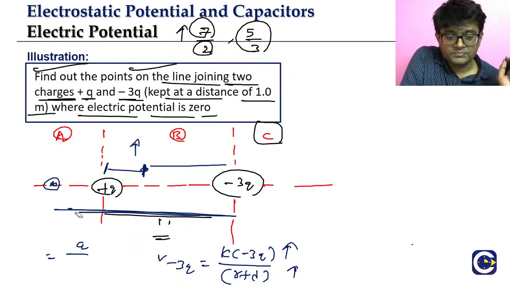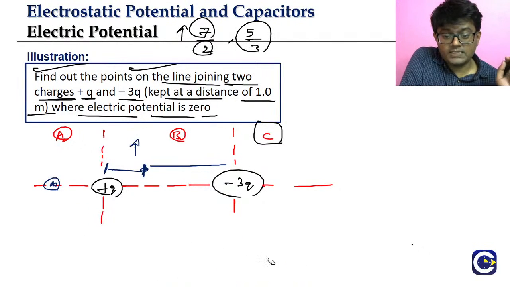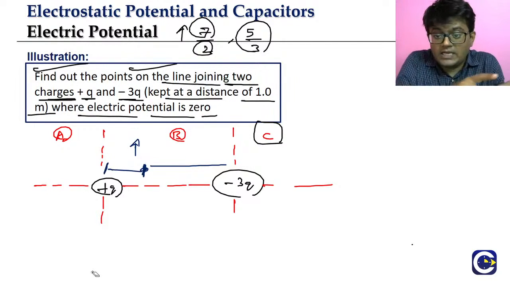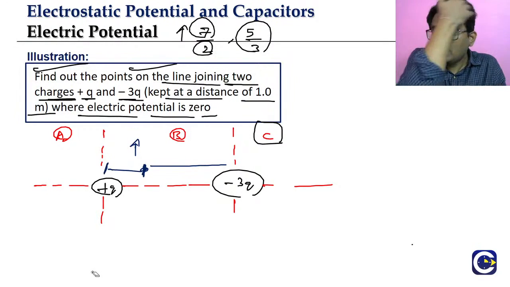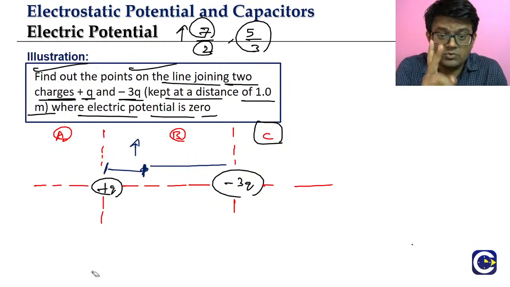Maybe we can expect some numerical question on this, or they can even ask a theoretical question. If you have two charges of opposite type, then on the line joining the charges, how many points can there be where the electric potential becomes 0? We'll have 2 points.